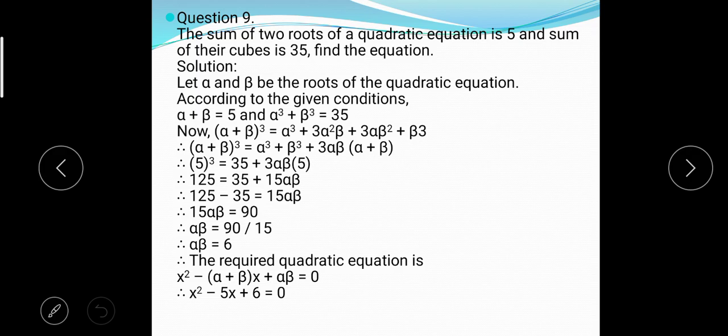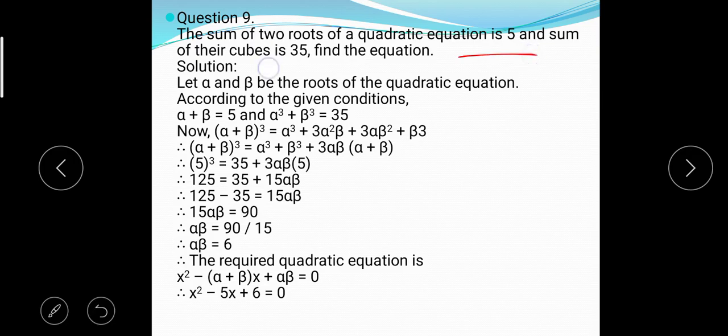The sum of two roots of a quadratic equation is 5 and the sum of their cubes is 35. Find the equation. Now listen. Firstly write, we have to consider alpha and beta are the roots of the given quadratic equation. Now according to the given condition, the sum of roots of the quadratic equation, that is alpha plus beta, is 5. This is the first condition.